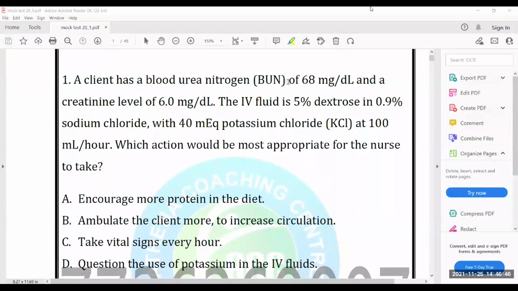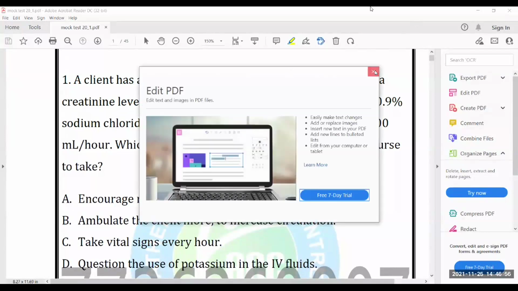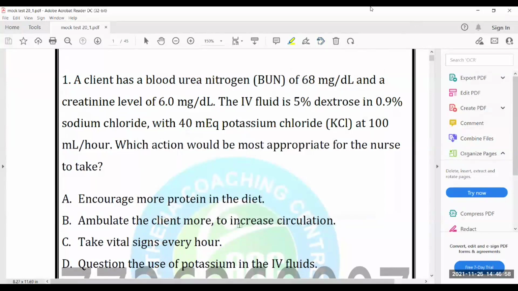In case of renal problem, encouraging more protein is wrong, so you can remove that. Ambulating the client more to increase circulation isn't required. Taking vital signs every hour is okay.